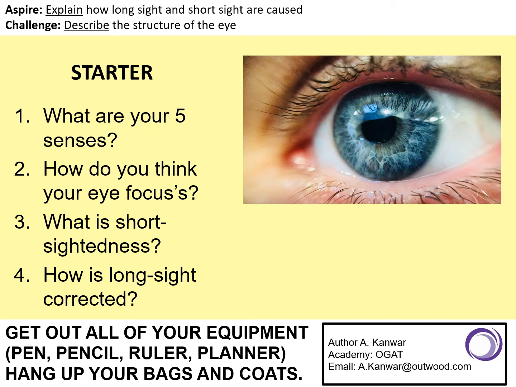Okay, so what are your 5 senses? Let's hope you've got these answers. It depends on how you write these, but either way is fine. Your 5 senses: sense of hearing, that's through your ear, and you've got receptors there. Sense of sight, that's the light receptors in your eye.